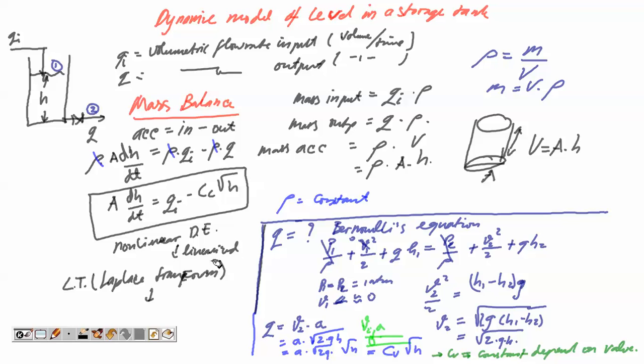Linearize first, and then we can solve using Laplace transform. From the Laplace transform, we can apply the inverse Laplace transform to get the time domain again. So Laplace transform uses the S domain, and then we convert to the time domain again using the inverse Laplace transform.